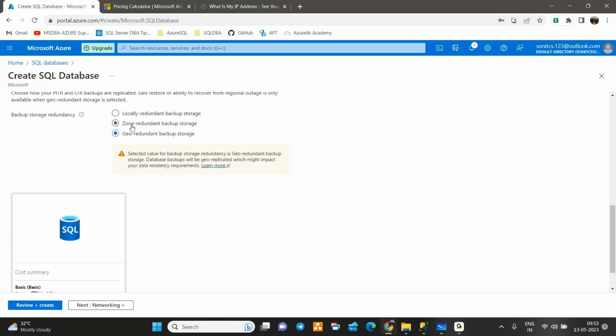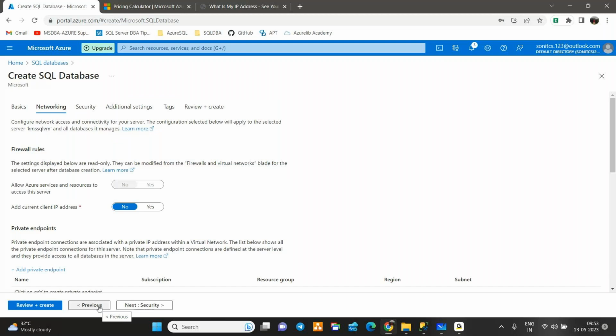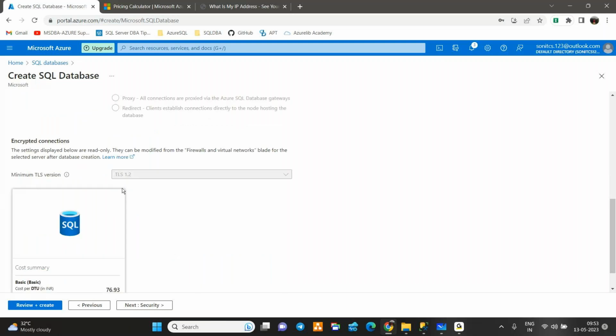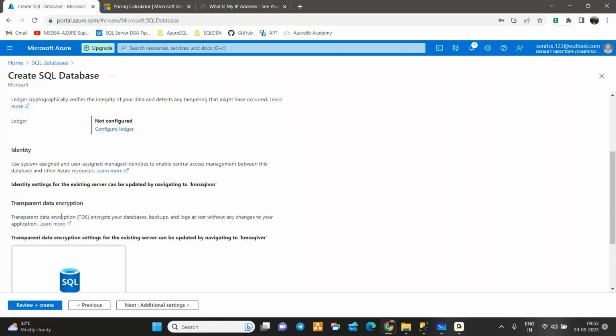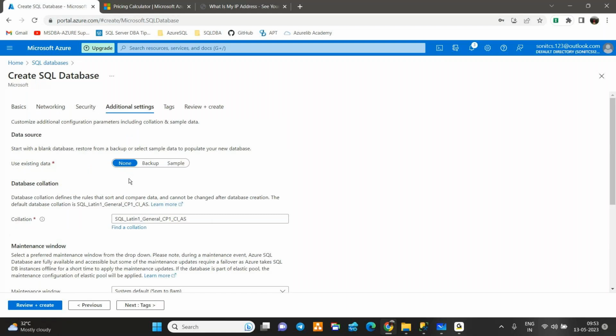Let's go for local redundancy, then click on Networking. Again the same: firewalls and all that stuff, go for the default, no need to change anything. Click on next. Microsoft Defender, go for the default, click on next. Here, a little bit important: if you're creating an empty database, go for none.